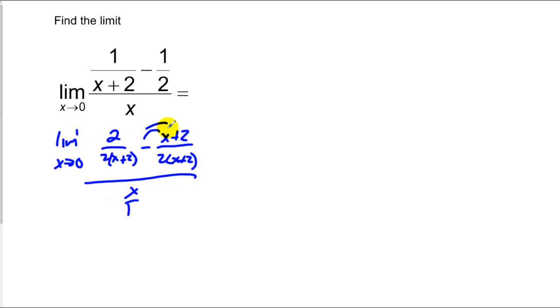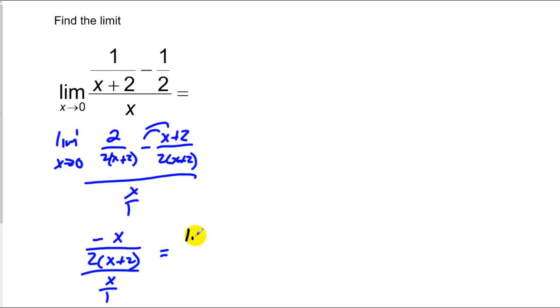Adding like terms, you'll see here that as I distribute the x through, I get a negative x over 2 times quantity of x plus 2, all over x over 1, multiplied by the reciprocal.